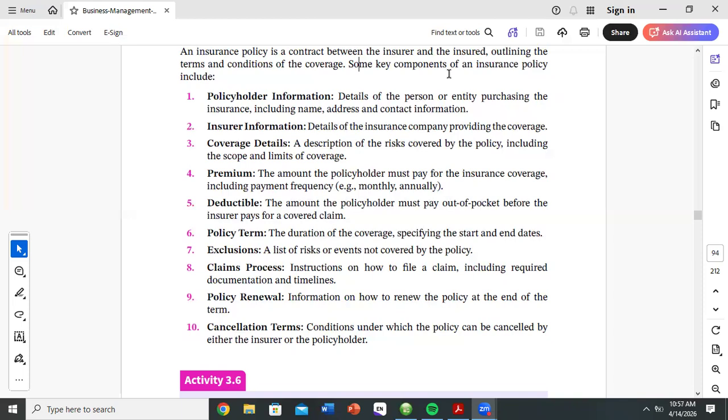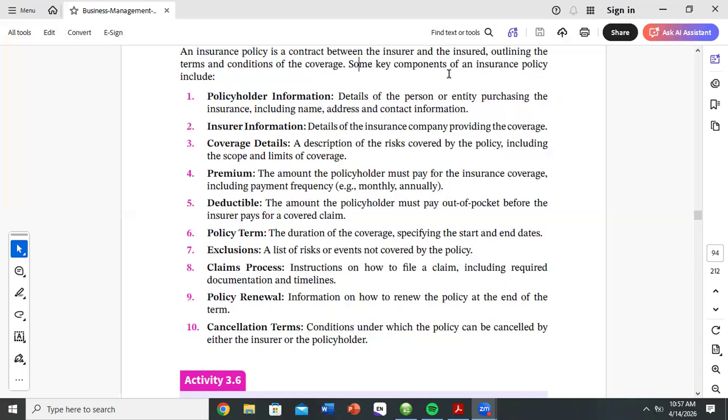Motor insurance normally lasts for a year. So when it expires, the company will give you procedures: you take the old sticker to the company, they pick your details, they register you and all that.